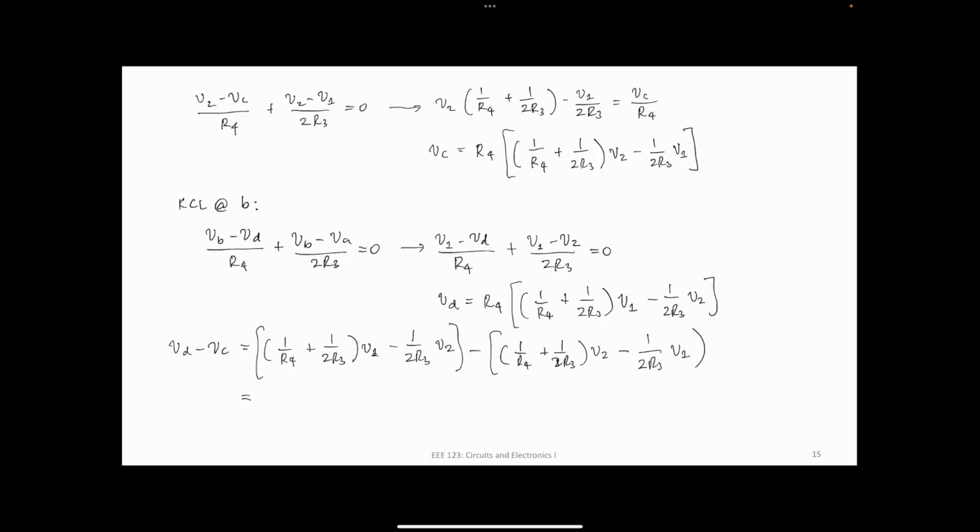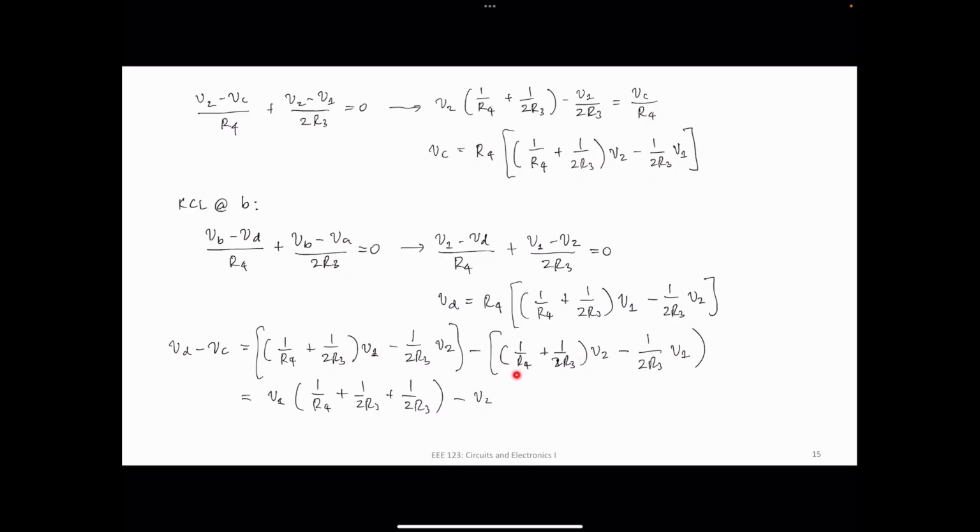This is going to be V1 multiplied by 1 over R4 plus 1 over 2R3 plus 1 over 2R3, minus V2 times the same.